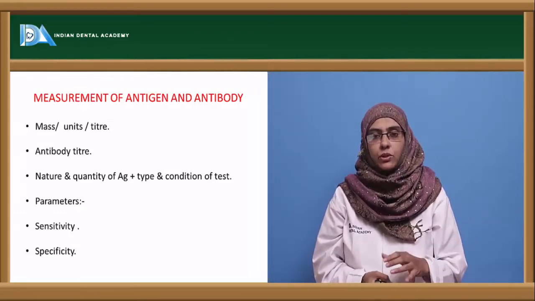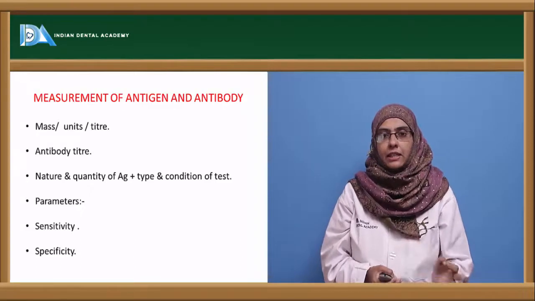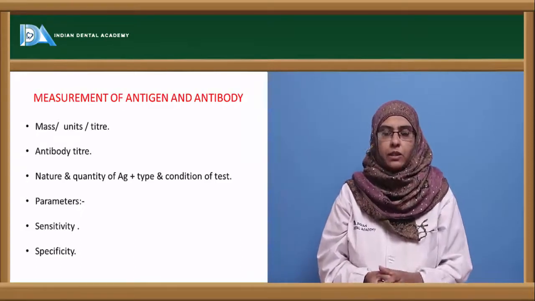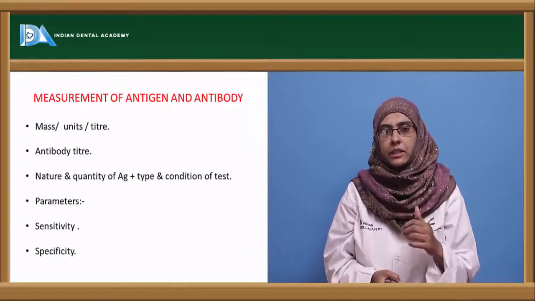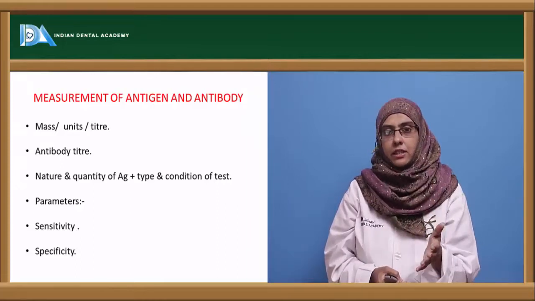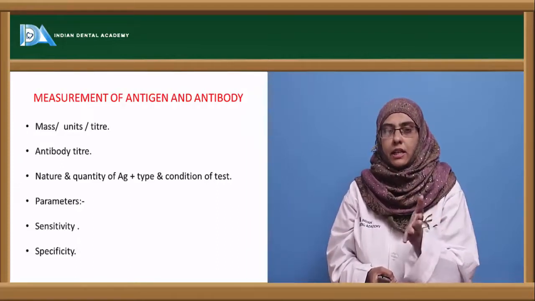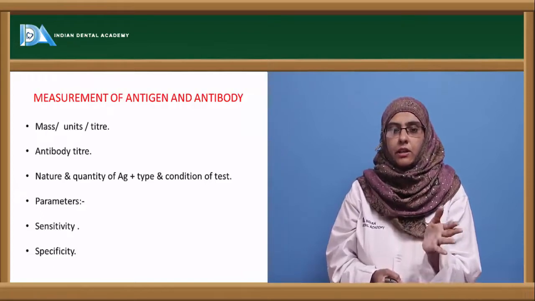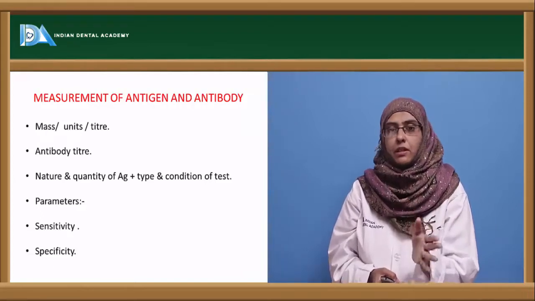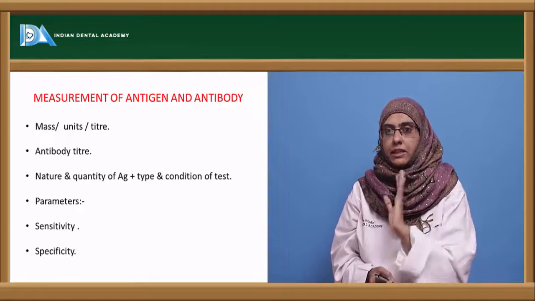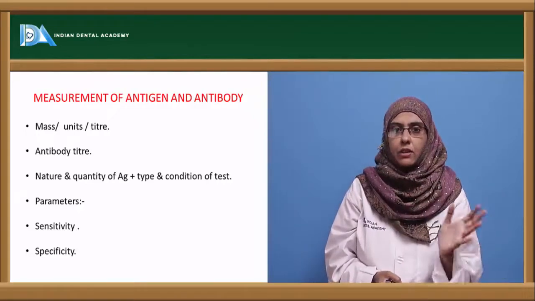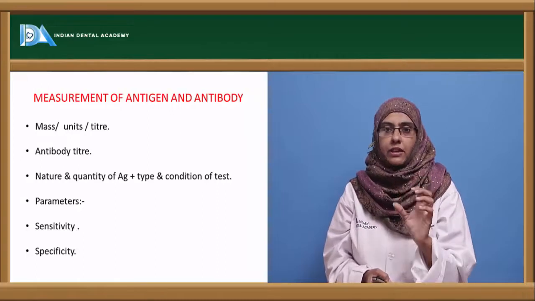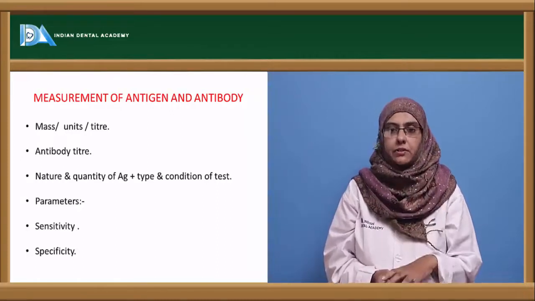The sensitivity test is used to identify either antigen or antibody in minute quantities, and in the sensitivity test there is no false negative result, or there will be minimal false negative results. So it is used to identify either the antigen or the antibody, that is, quantification is usually done in the sensitivity test.